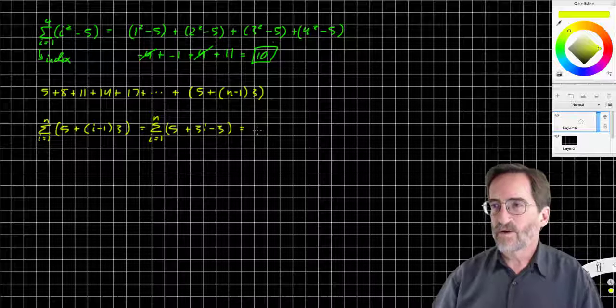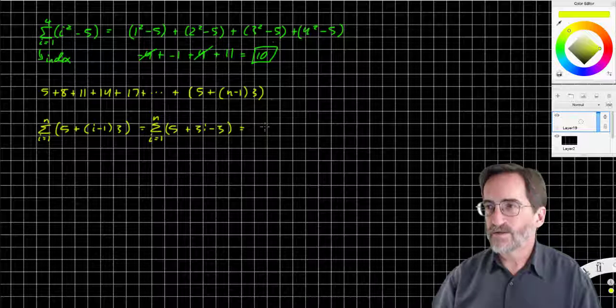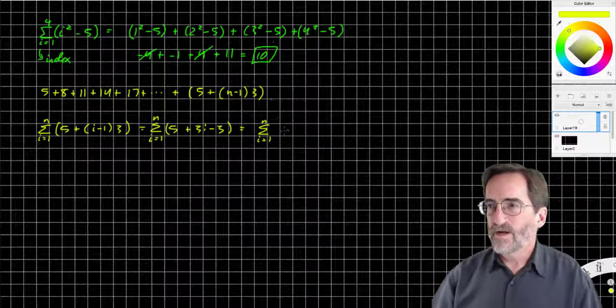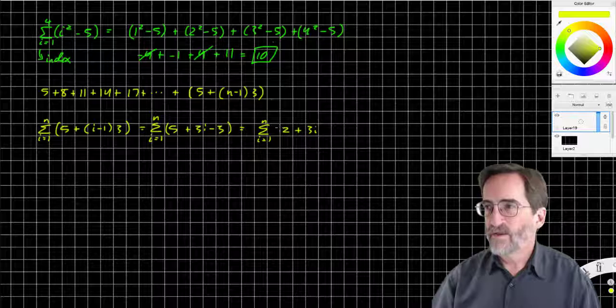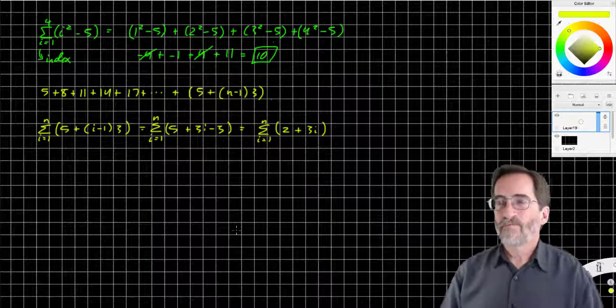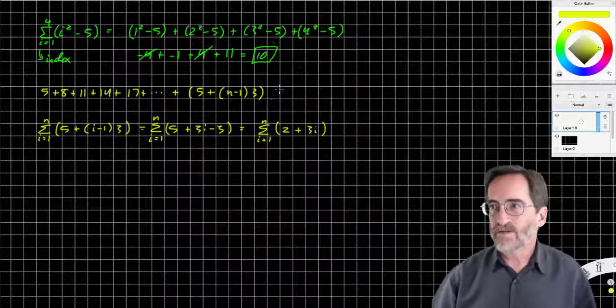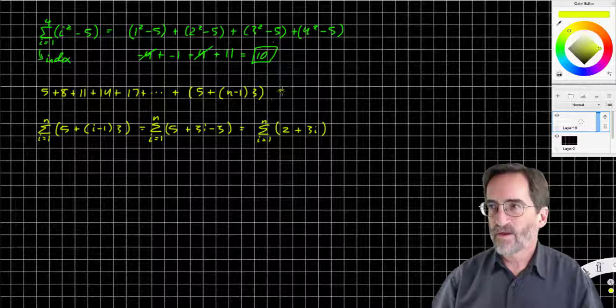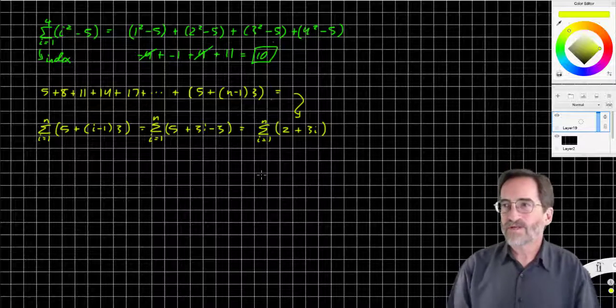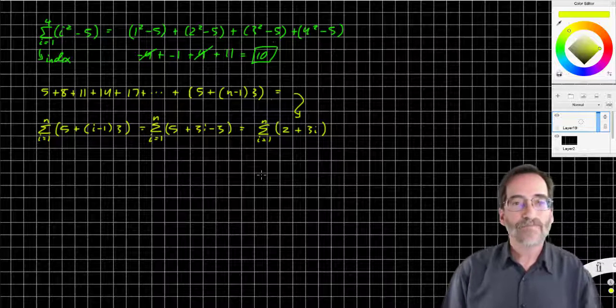This is the way you're going to typically see it. You're going to see the sum from i equals 1 to n of 2 plus 3i. That's the notation for this. This equals the sum from i equals 1 to n of 2 plus 3i.